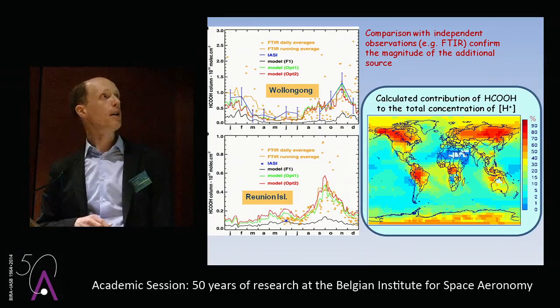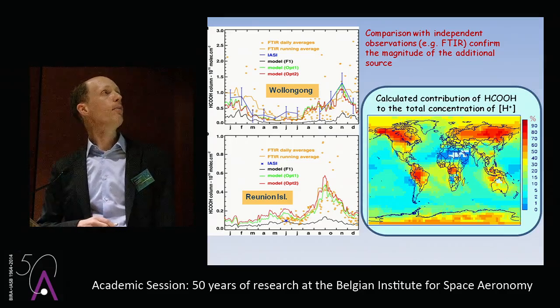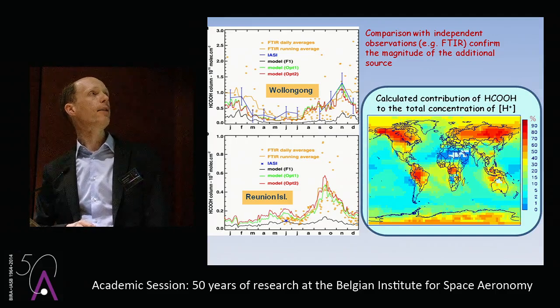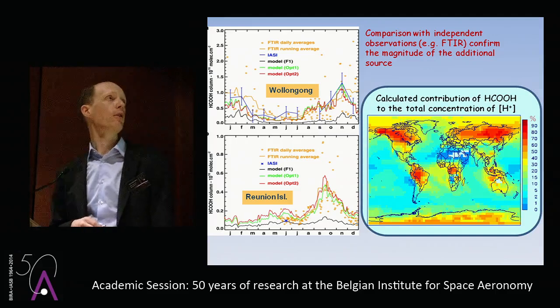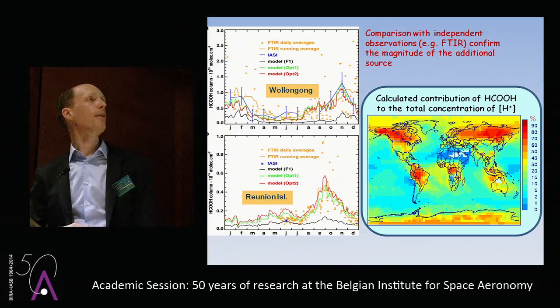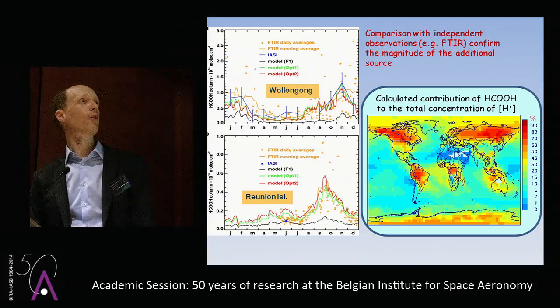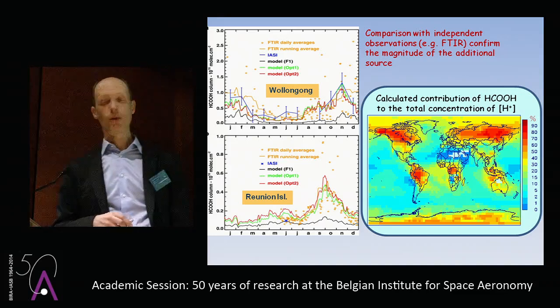And finally, this is the calculated contributions of formic acid to the total concentration of hydrogen cations. And you see that formic acid actually represents by far the largest source of acidity of the precipitation over very large regions of the globe.